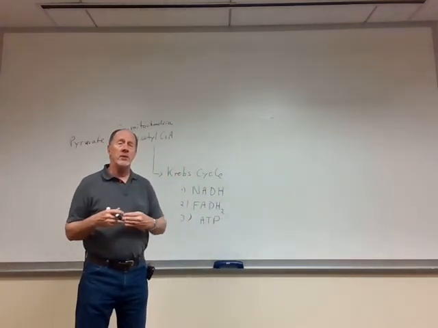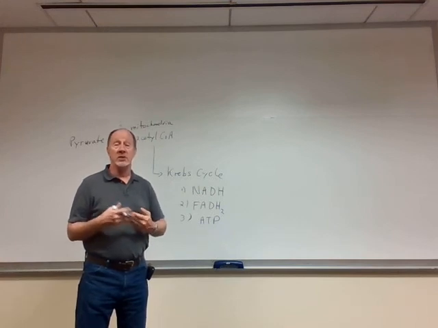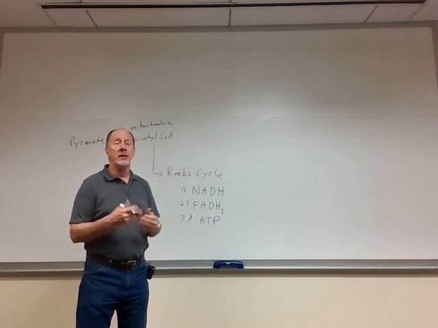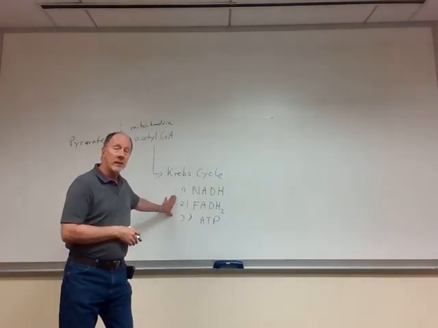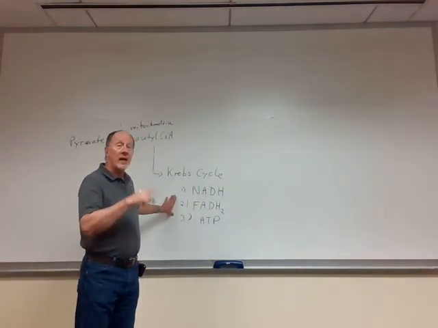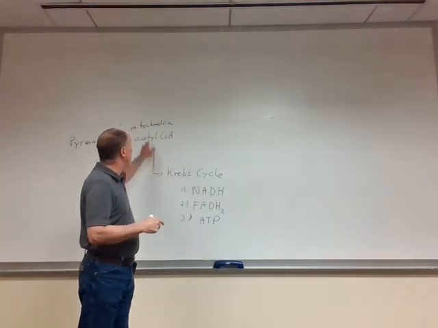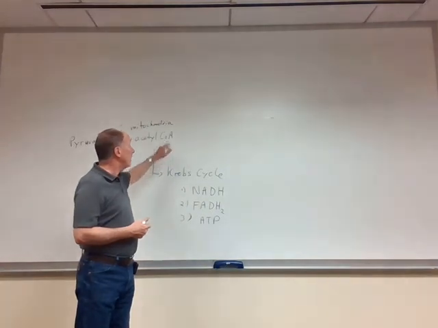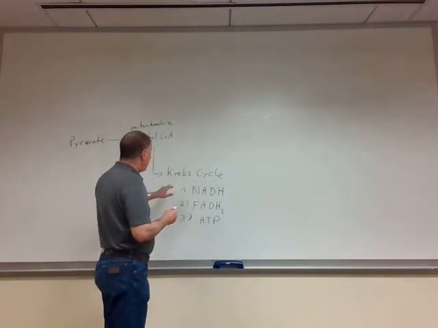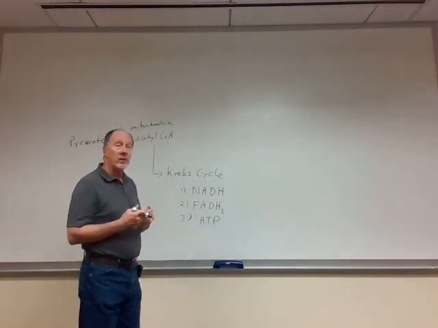It is formed into GTP first, which is an analog to ATP and can be converted to it. But this is what comes out of the Krebs cycle. And then, of course, we have to regenerate the molecule, the next one that captures the next acetyl-CoA as it comes in. So the NADH and FADH2 are electron shuttles.